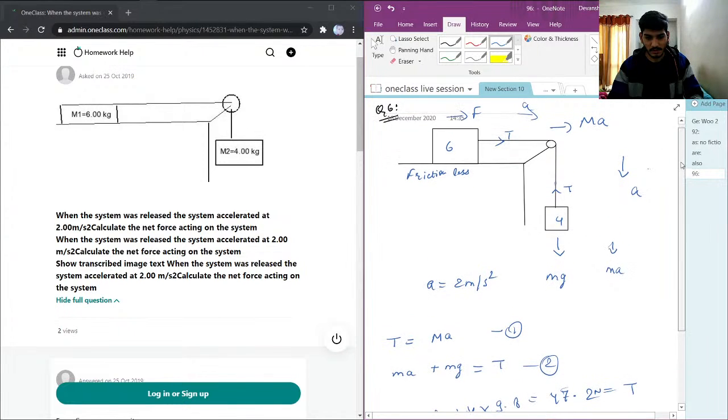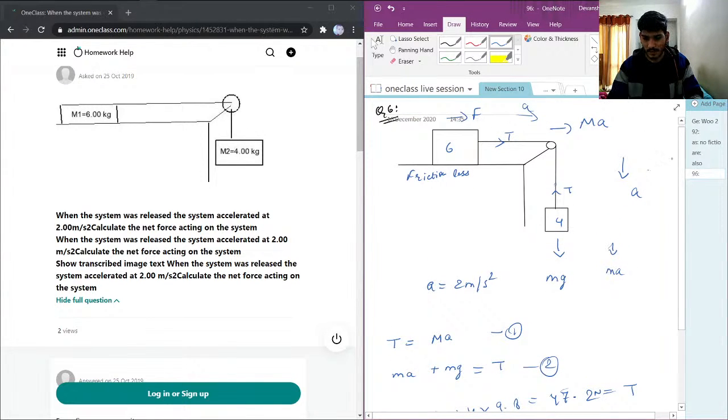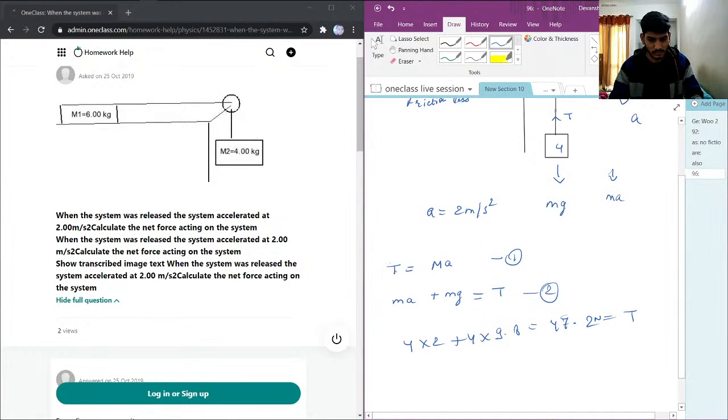This will be the force F vector. Then we are going to just correct this equation.